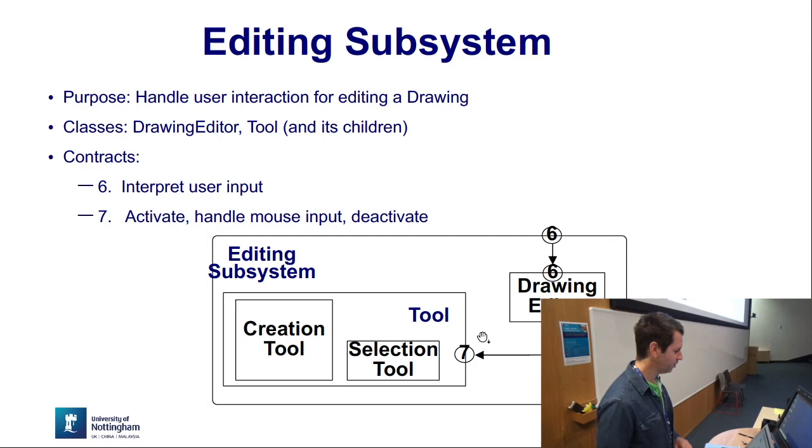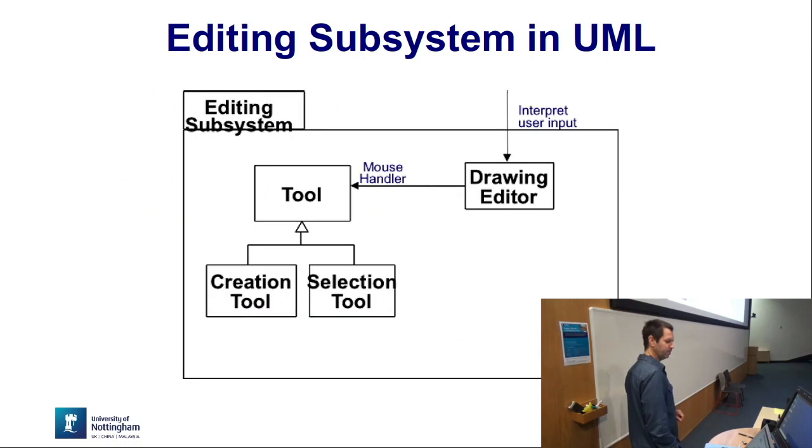Here's that same subsystem represented in UML. Again, it's more intuitive because the contracts are not just numbers anymore. And then the hierarchies follow this classical hierarchical representation rather than the nested one.